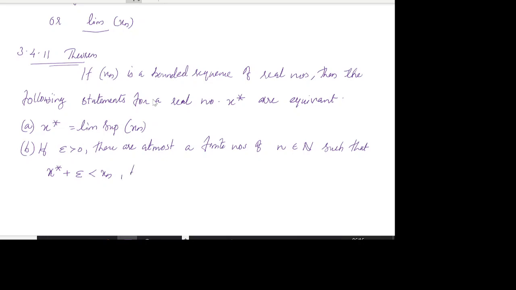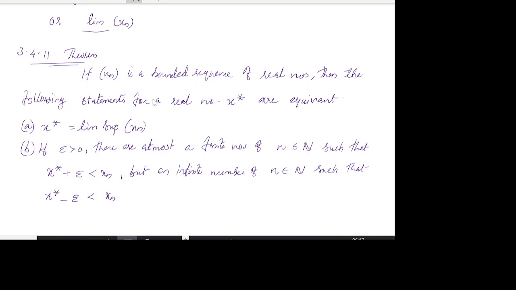but an infinite number of n belongs to N such that x star minus epsilon is less than xn.